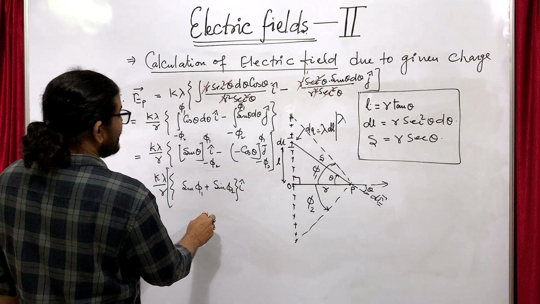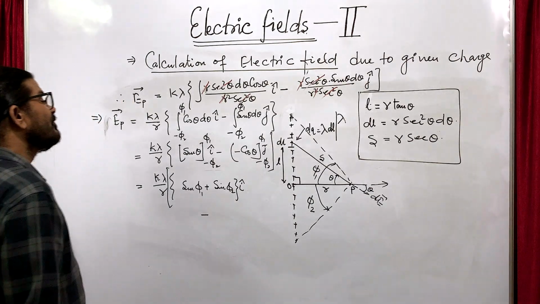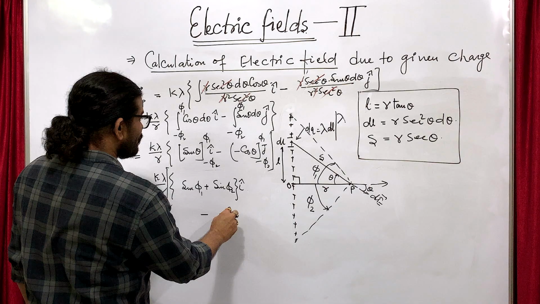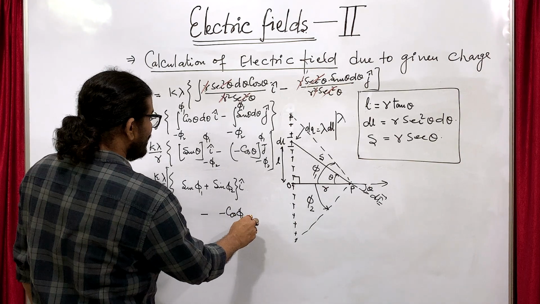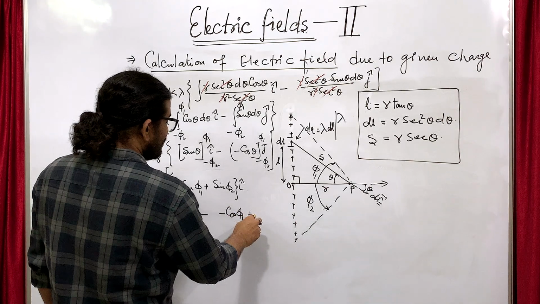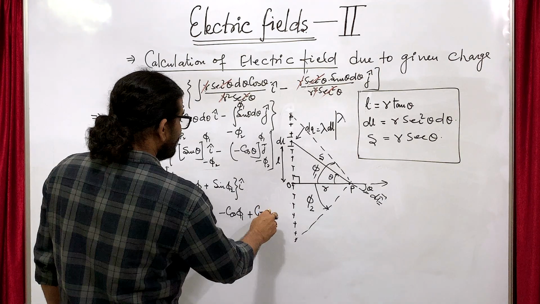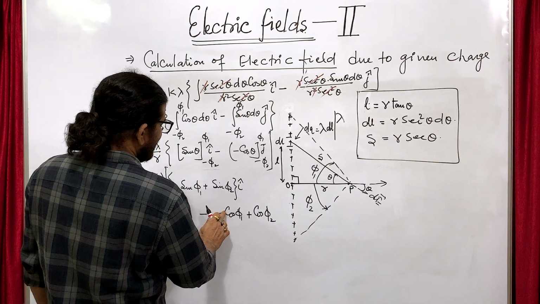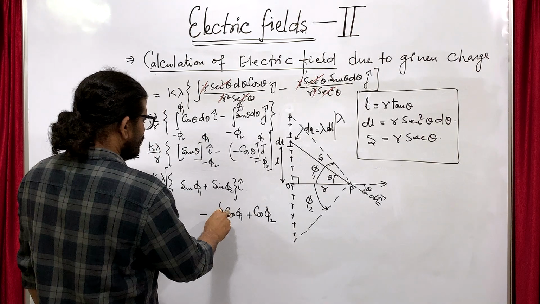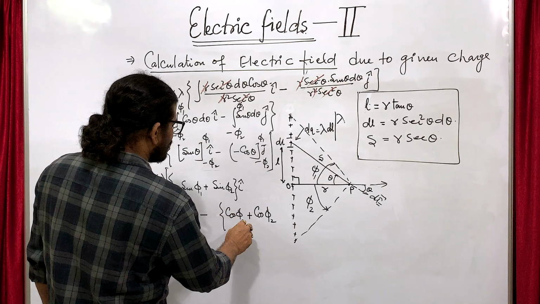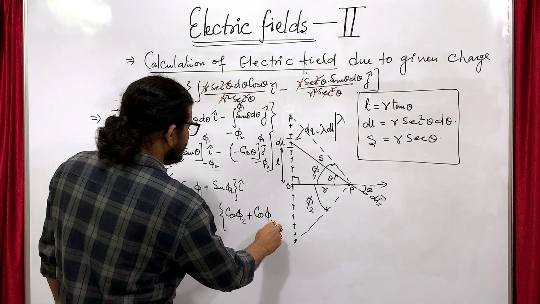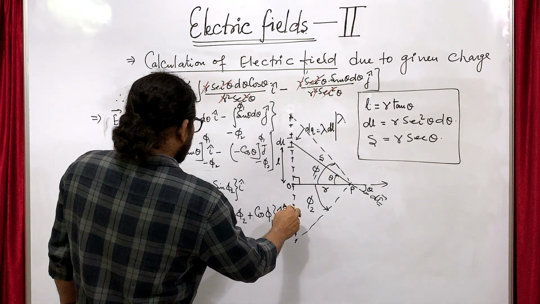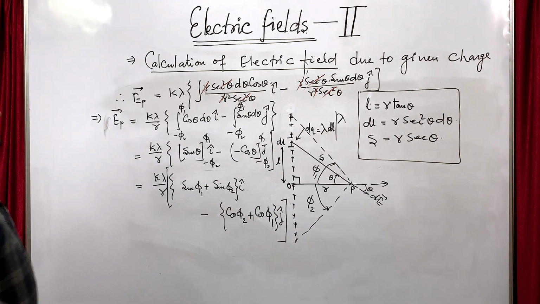Now we are taking this minus cos phi 1 minus, plus cos phi 2. So we can write here, taking this as common, cos phi 2 minus cos phi 1, j cap, and the bracket is closed.